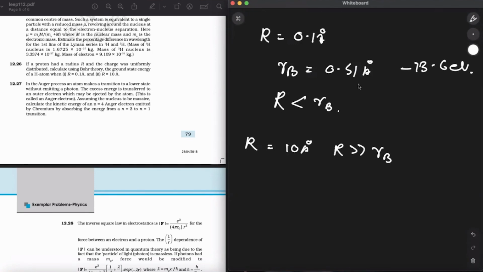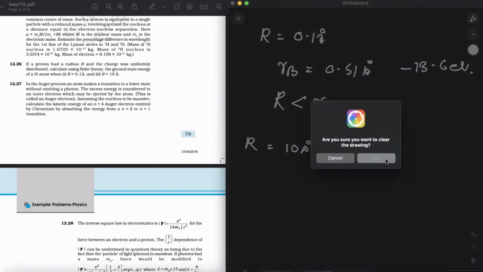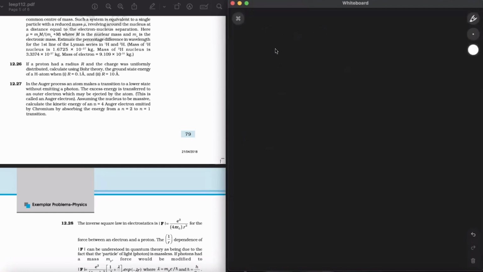So now solving for this. This is also a calculative question. Now if I write r dash b, it will be equal to 4 pi epsilon naught h squared upon m e dash, replacing e squared by e dash, where e dash is the charge on the sphere of the radius.